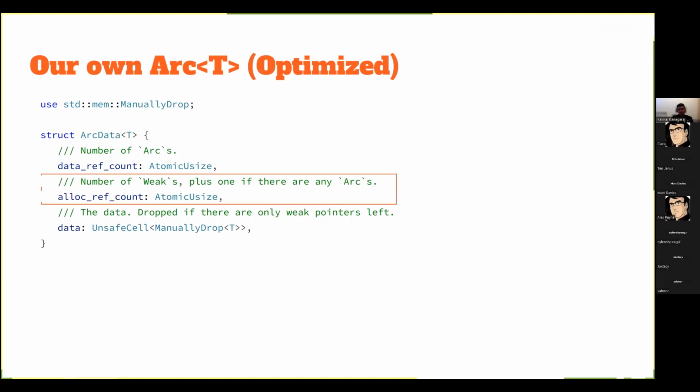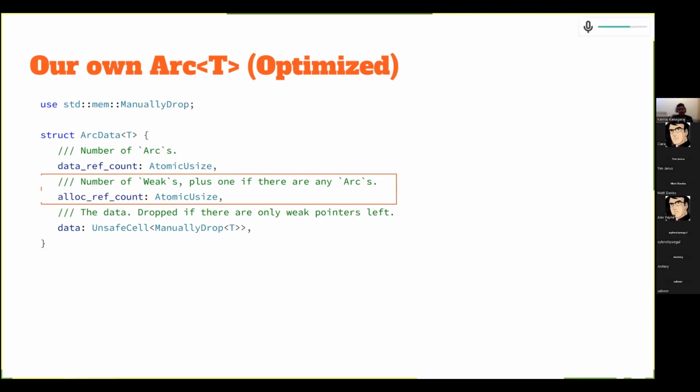How are we going to make sure we don't touch this alloc ref count when we clone an Arc? The idea here is that no matter how many Arcs are out there, previously this count represented, let's say we have 4 Weak pointers and 4 Arc pointers out there, we'd have 8 as the count here. Now it will be just 5, because all the Arc references out there will be counted as just 1.